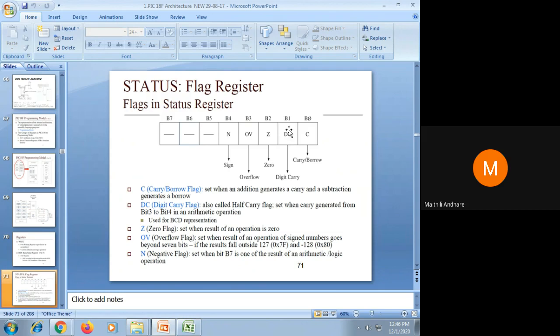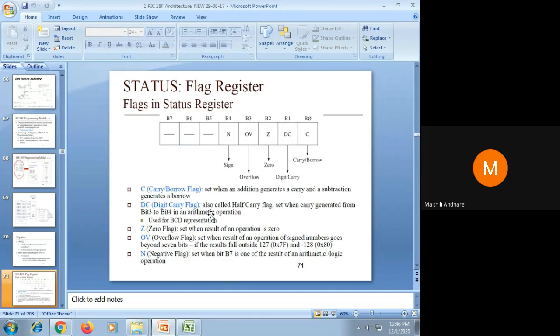The different thing here is that in 8051 we have seen AC, and here it is DC, digital carry, but the meaning is the same. It is the same as your auxiliary carry flag, only the name is changed in the status register. The job is the same as that of your AC.